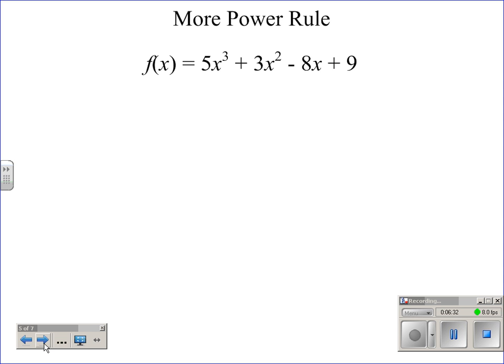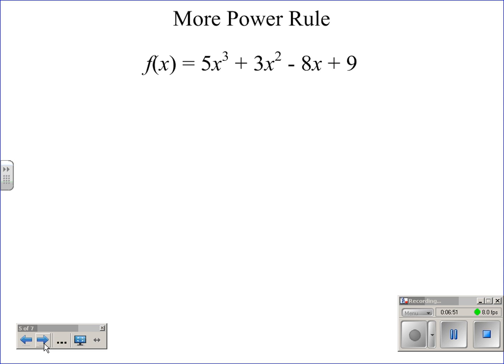There are some other things to consider when using the power rule. For instance, take this function. If we have a number multiplied by x to a power, we find the derivative by leaving the number there and multiplying it by the derivative using the power rule.